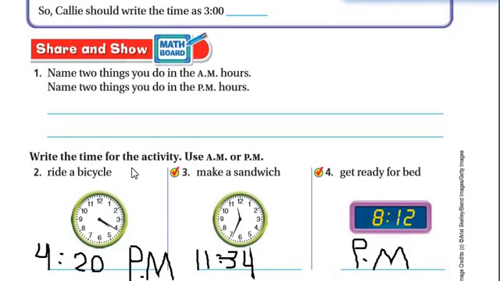Number 1, let's solve together. Name 2 things you do in the AM hours. Name 2 things you do in the PM hours. For myself, for the AM hours I can write: wake up, eat my breakfast, go to my work, which is our school.